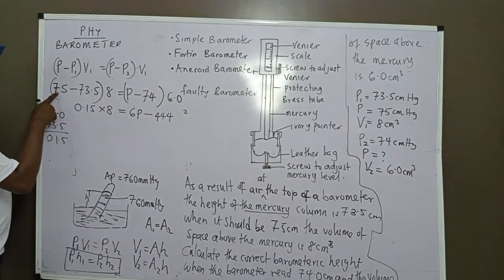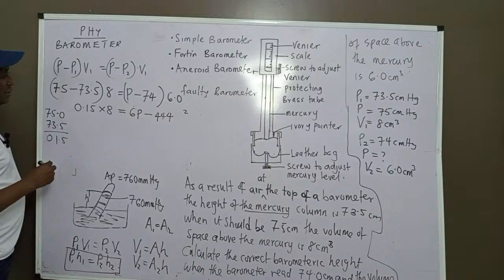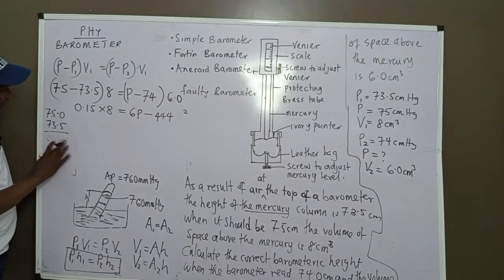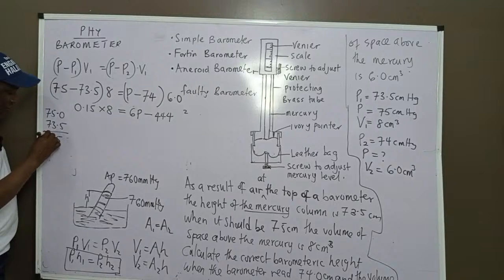So 75 minus 73.5: 10 minus 5 is 5, remainder 4, 4 minus 3 is 1. Yes, so that's 1.5.